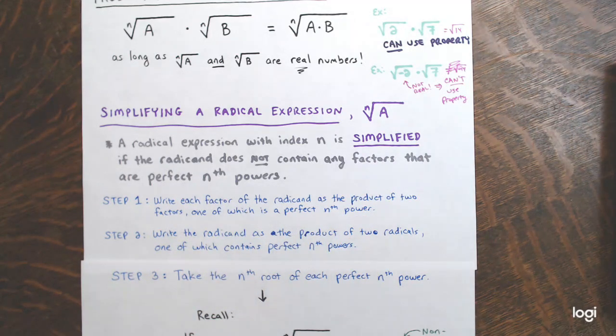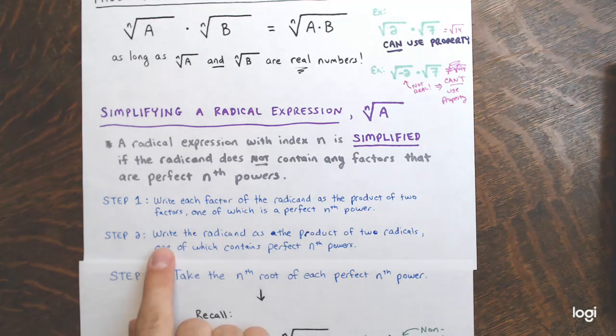So if I had a square root, I would factor the radicand so that one factor is a perfect square and the other factor is not. Or if I'm taking a cube root, I'm going to factor the radicand so that one factor is a perfect cube and the other is not. And again, if that's possible, I will do that.